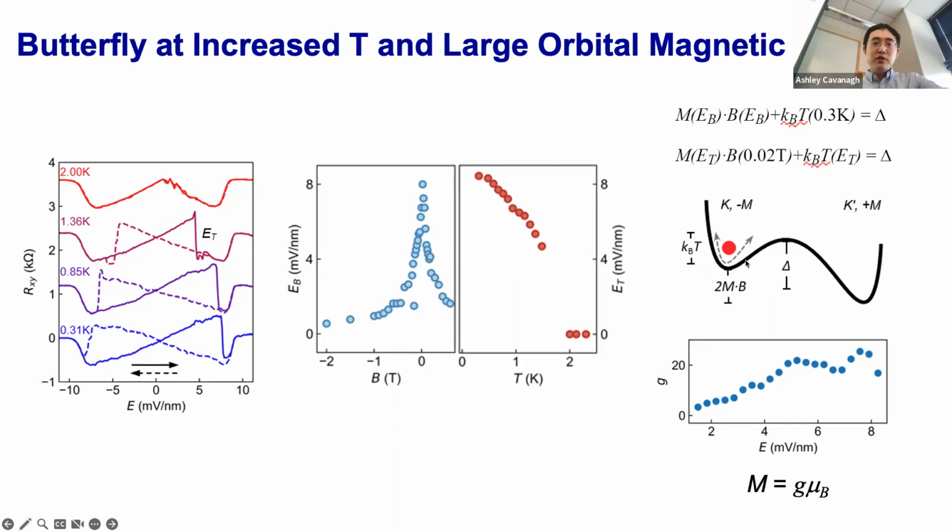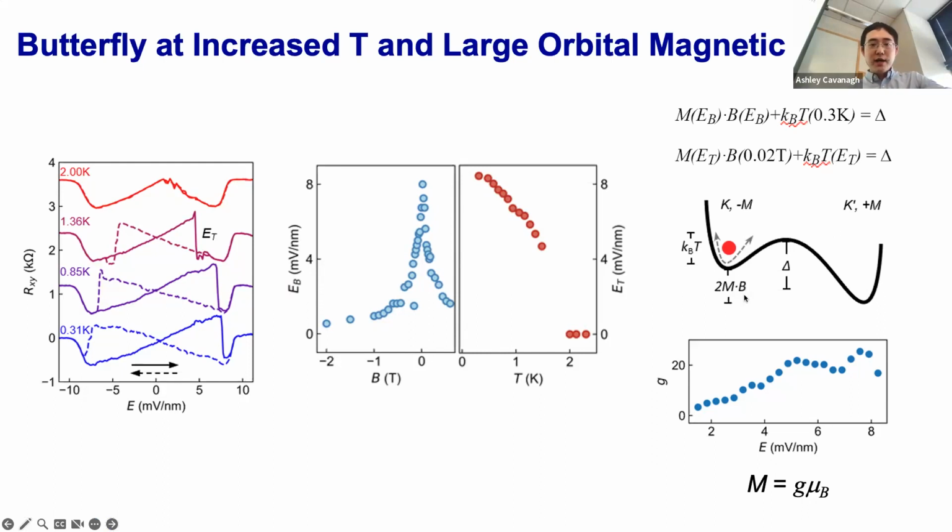At the same time, the thermal fluctuation of the system on the order of kBT also helps you overcome the barrier and go to the global minimum energy state. If that happens, then the butterfly is terminated and you go to the W shape or the M shape. Basically, when you have the Ferro-Valleytricity, you are trapped in a local minimum of the free energy, while when you go to the other valley, you go to the global minimum.